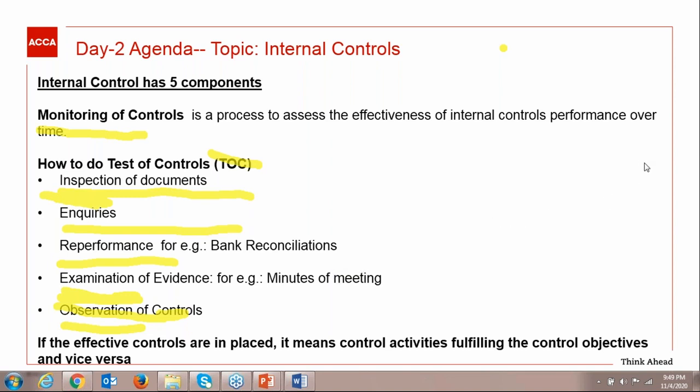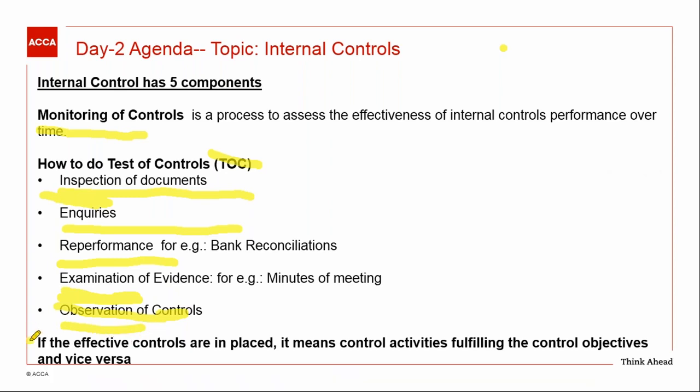Now, before going to the break of 15 minutes, I will give you one more piece of information. If effective controls are in place, it means that your control activity is fulfilling the control objective, and vice versa.